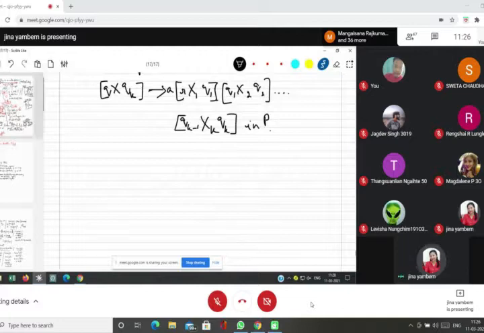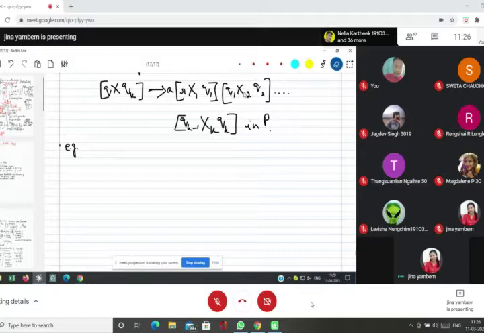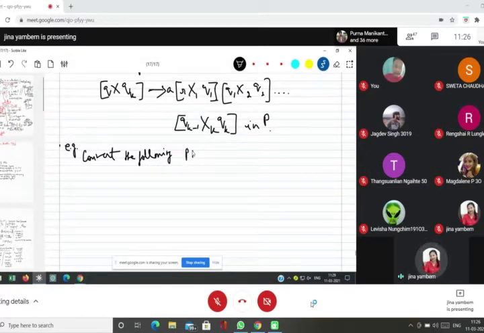So let me take one example. Convert the following PDA into an equivalent CFG. For this PDA, let me write the transition functions like this.